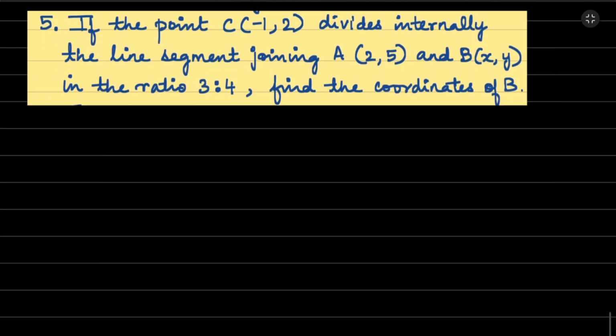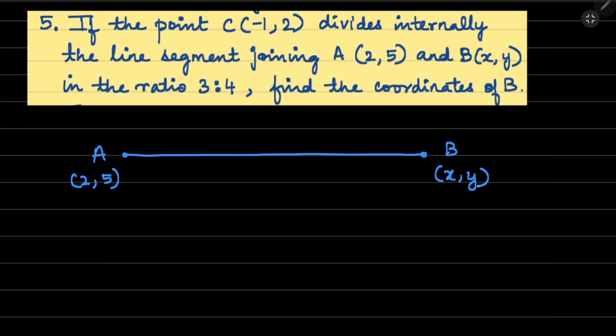If a point C divides internally a line segment joining A and B in the ratio 3:4, find the coordinates of B. Let us draw. So you have a line segment joining A, that is given by 2, 5, and B, which is given by x, y.